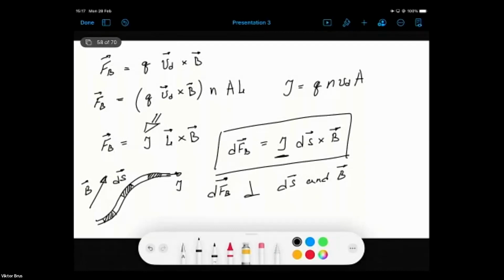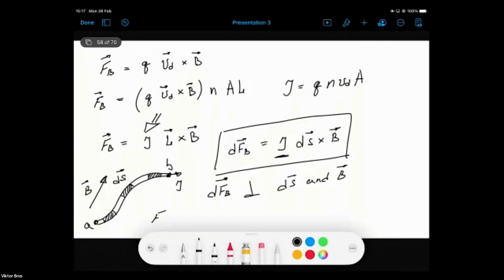Now, if we want to calculate the total force which acts on the conductor from point A to point B, we obviously need to integrate this cross product.